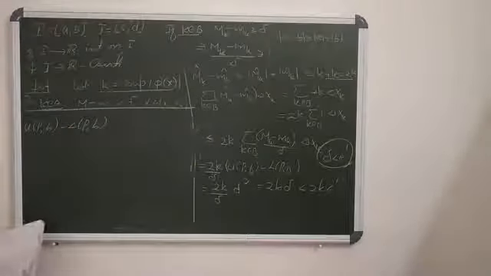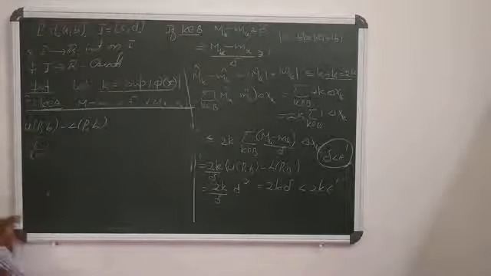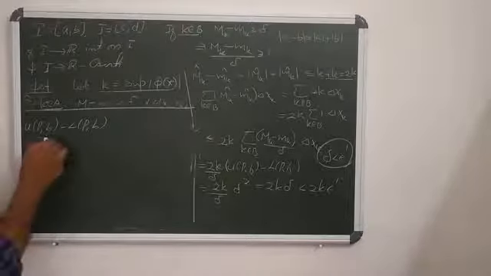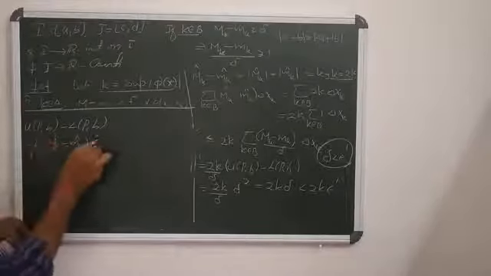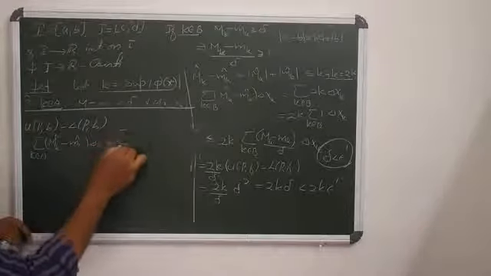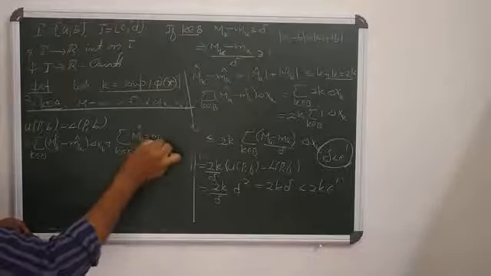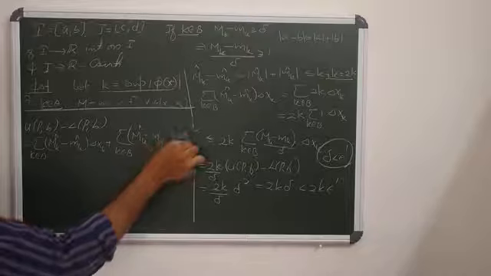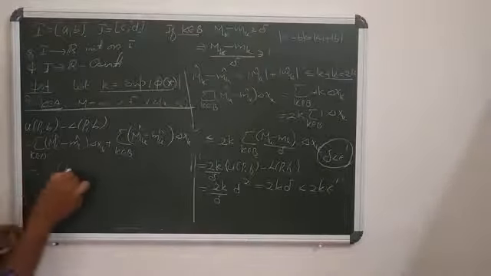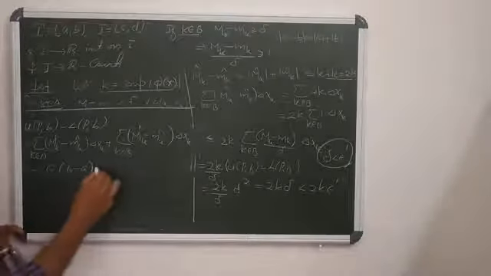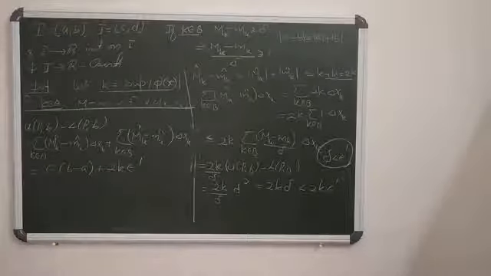It equals the sum over k in A of (capital M_k cap minus small m_k cap) into delta x_k plus the sum over k in B of (capital M_k cap minus small m_k cap) into delta x_k. Agreed. So what is this one? The first one is epsilon into (B minus A). What is the second one? Plus 2K epsilon dash.